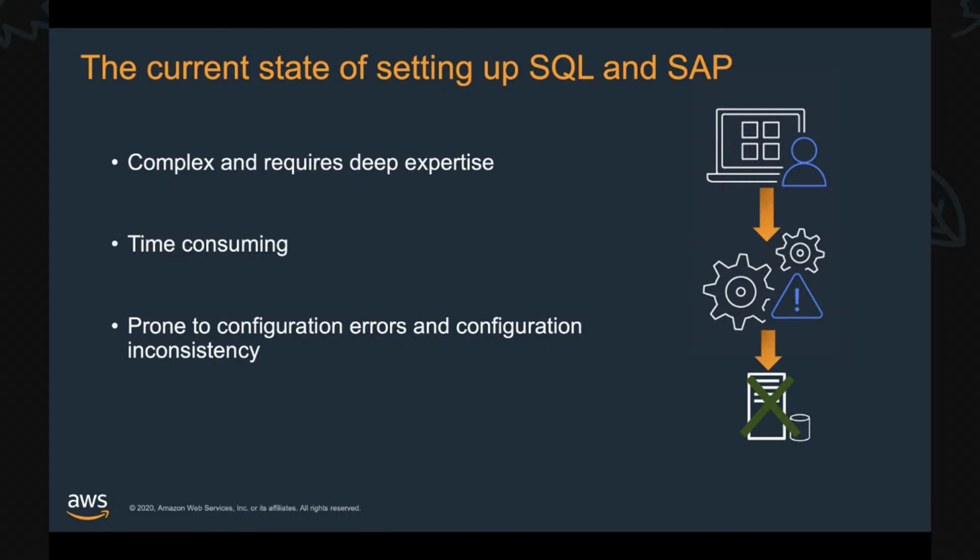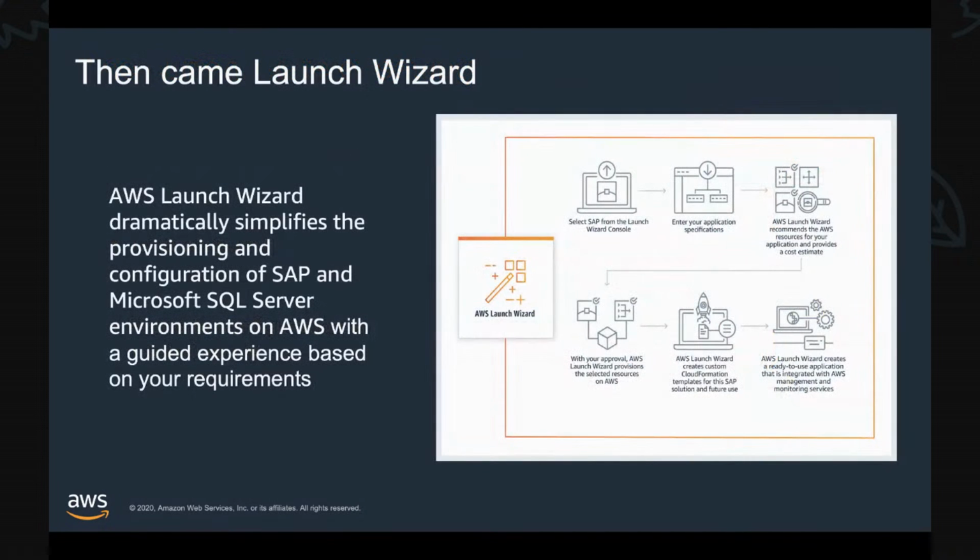So that's why we built AWS Launch Wizard. Launch Wizard for SQL Server reduces the time it takes to deploy SQL Server high availability solutions in AWS. This is a guided experience, right?